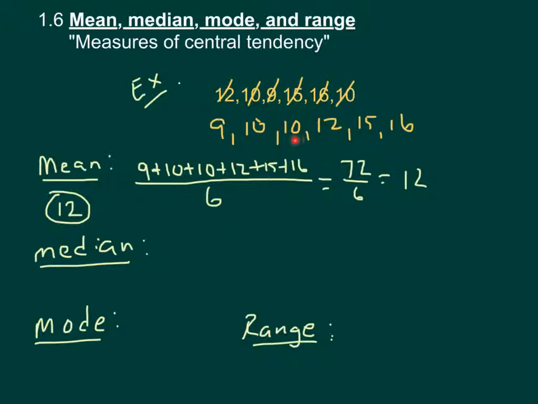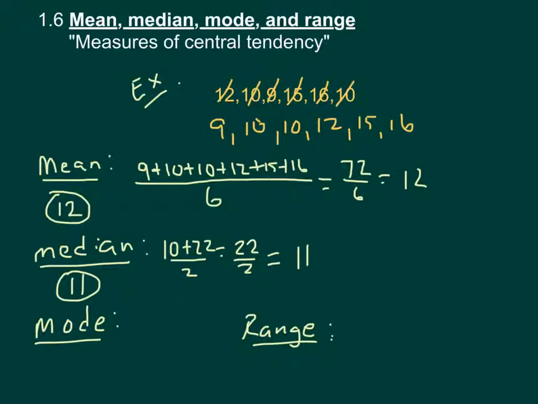In this case, the two middle numbers are 10 and 12. So what I'm going to do is take the average, or the mean, of those two middle numbers. 10 plus 12 divided by 2, since there are only two of them. And I get 22 over 2, or 11. So in this case, my median is 11. Had to take the average of the two middle numbers because there was no one number that fell right in the middle of that set.